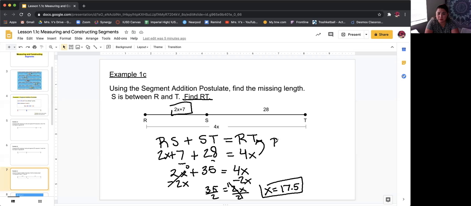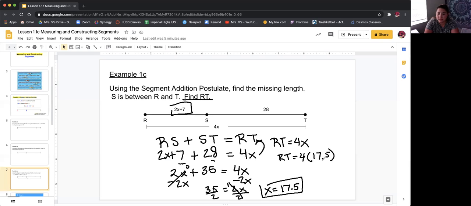So what do I have to do in this particular example? I'm going to write RT equals 4x. Well, we know what x is, so I'm going to substitute x into this expression over here. So RT equals 4, inside parentheses 17.5.